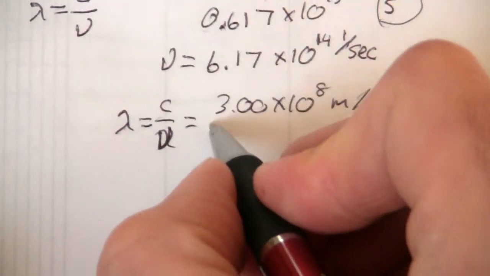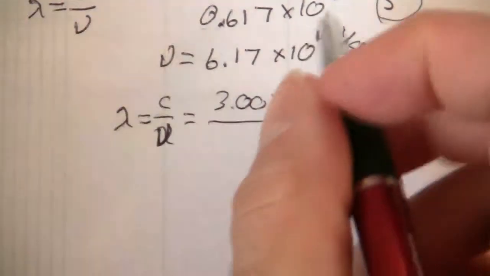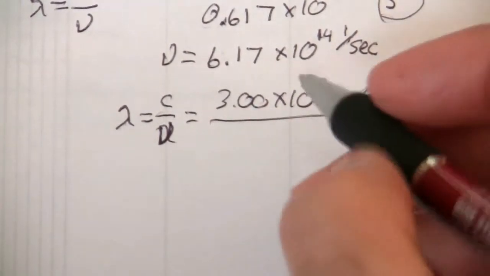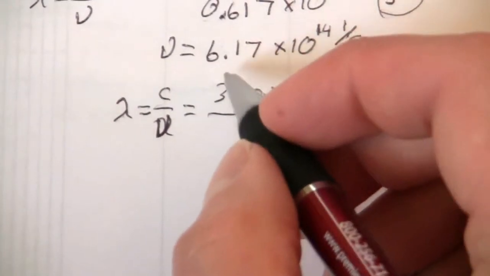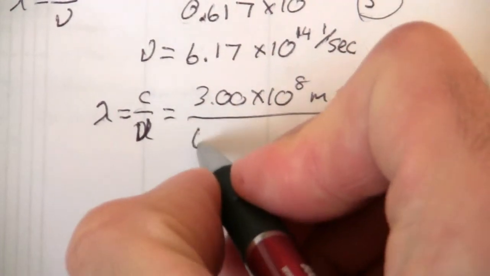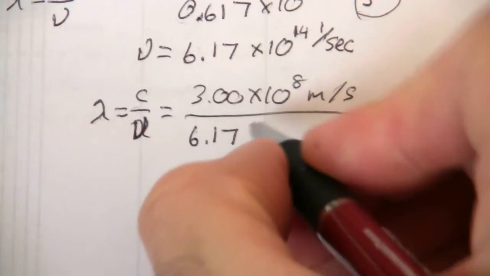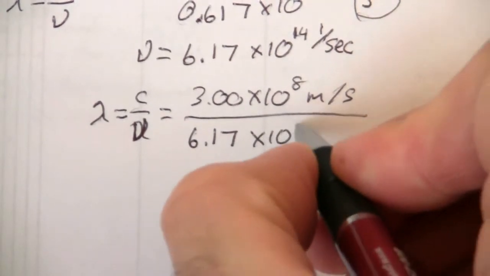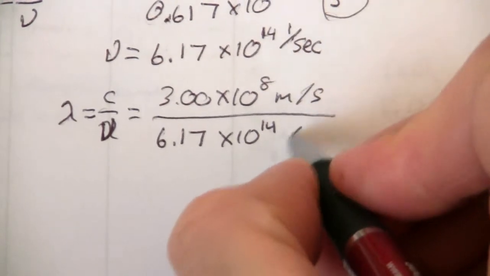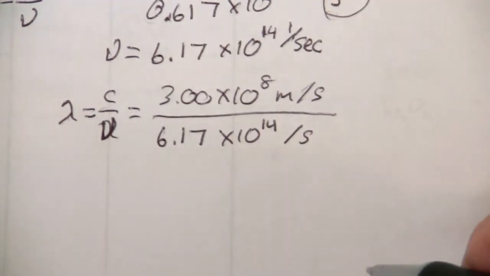This constant would be given to you, although it's not terribly difficult to remember, but with the units and everything, I'll give you that on a test. And then we have the frequency, 6.17 times 10 to the 14th, and then per second.